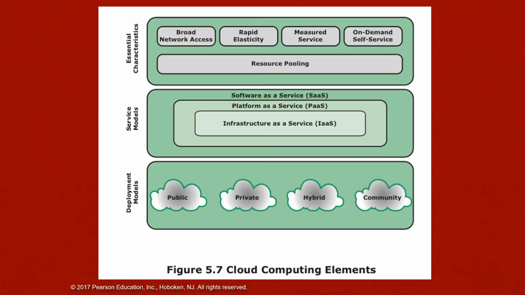Hybrid cloud. The cloud infrastructure is a composition of 2 or more clouds, private, community, or public, that remain unique entities but are bound together by standardized or proprietary technology that enables data and application portability. For example, cloud bursting for load balancing between clouds.